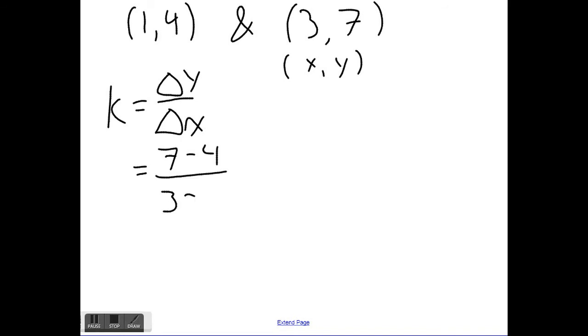Then I take my x value from this point and subtract my x value from that point, which gives me 3 over 2. So that's just an example where you can solve for your slope without having the actual line in front of you, which will be useful later.